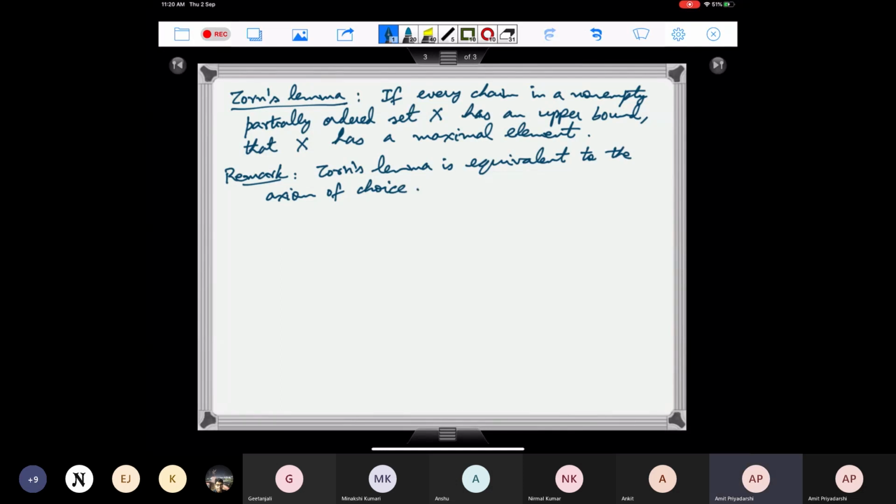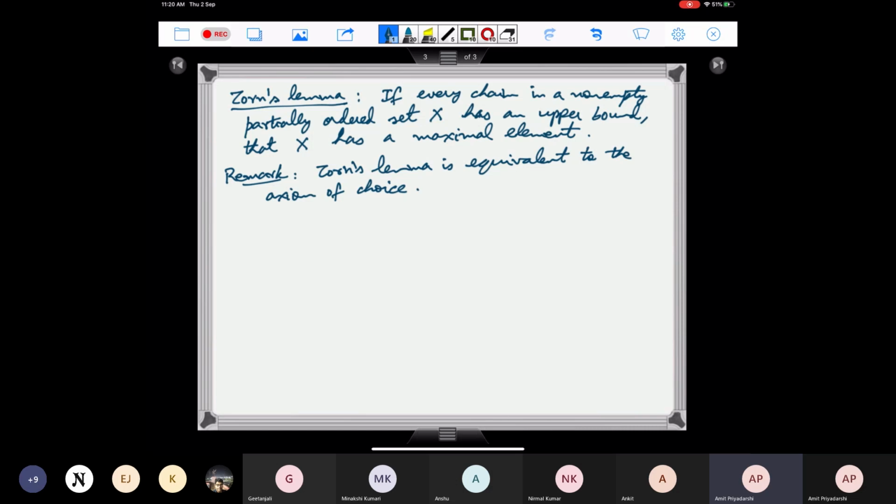So Zorn's lemma is a very important tool to prove the existence of something. For example, for any vector space, if you want to prove that there is at least one basis, basically we prove that there exists a maximal linearly independent set, and then it is easy to prove that a maximal linearly independent set is a basis.